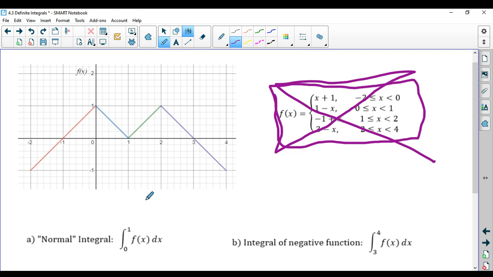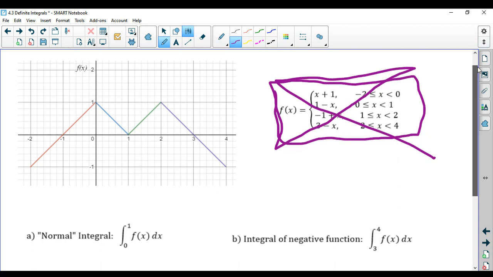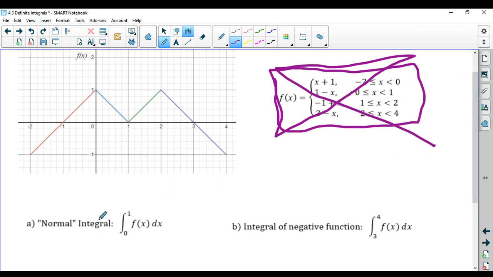So with that being said, here we go. The first one is the normal integral. The lower limit is 0, which is on the left. Upper limit is 1, which is on the right. So basically, you're going to look at this graph from 0 to 1 and calculate the area. That's what a definite integral does.